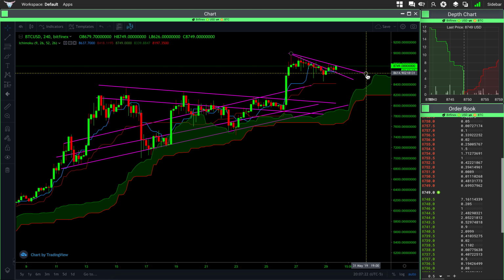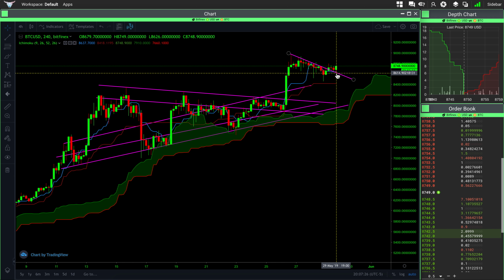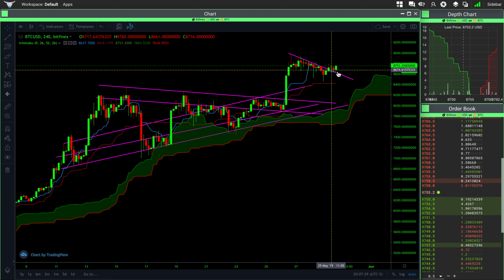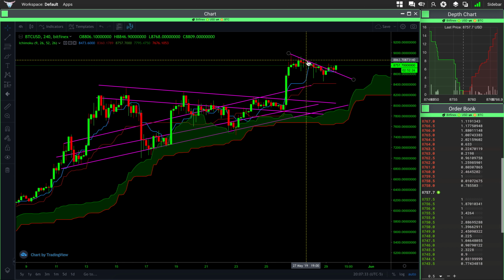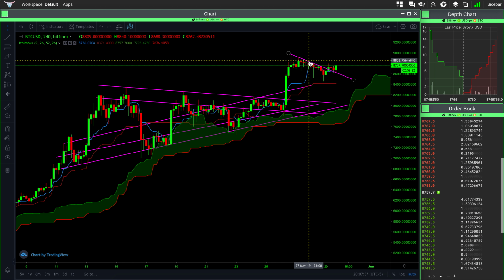But the one I think is the major player out of those two would be this one. So don't be afraid to split this up. If that's where the support and the resistance is, that's where the support and the resistance is. The market's what determines that, not your lines. Bitcoin doesn't care about your lines. It cares about support and resistance.